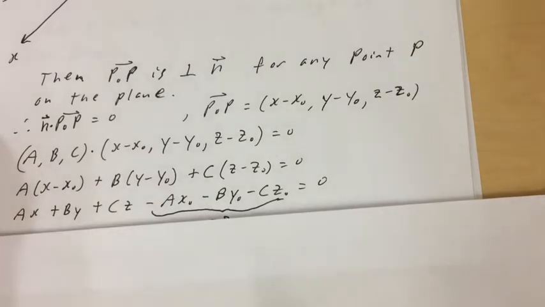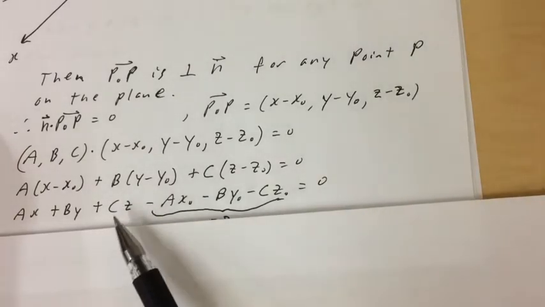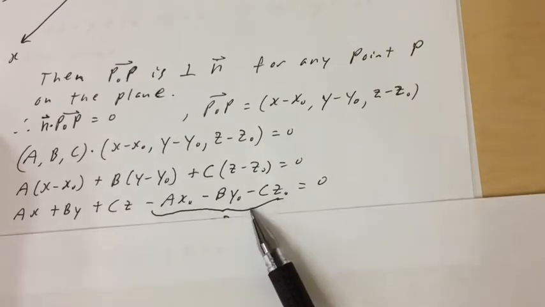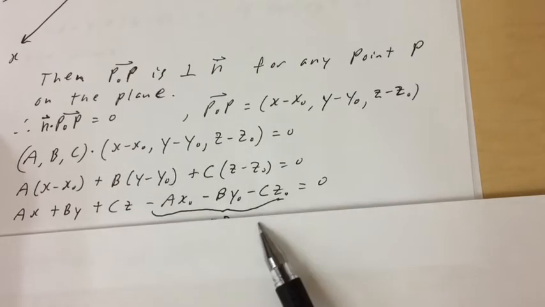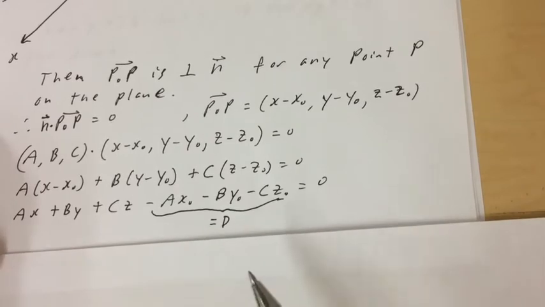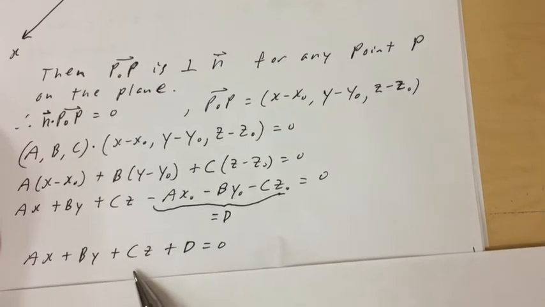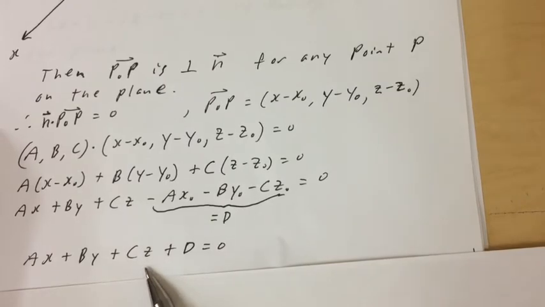Just like in equations of the line, we had C as the combination of some multiplication of constants. Well, we're going to extend one further here. Now we have C in front of Z, so we need D as the constant term. So this is the Cartesian equation of a plane.